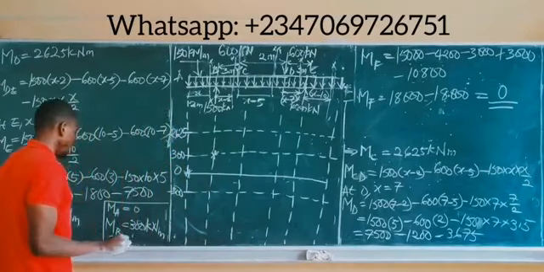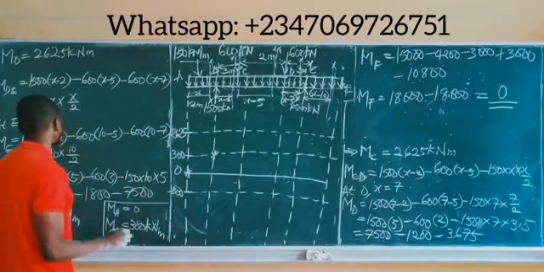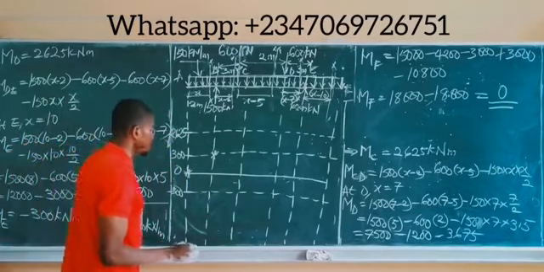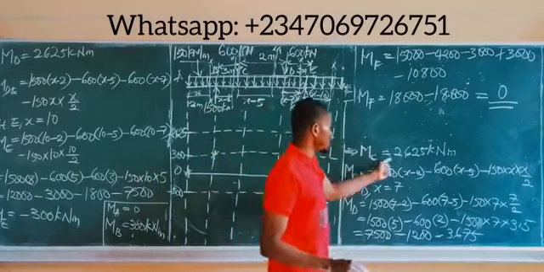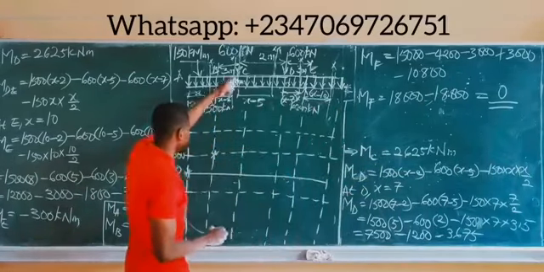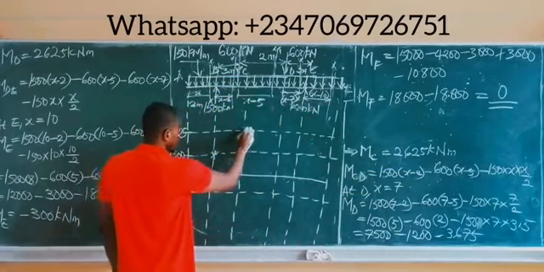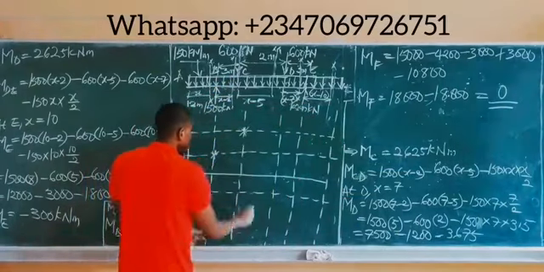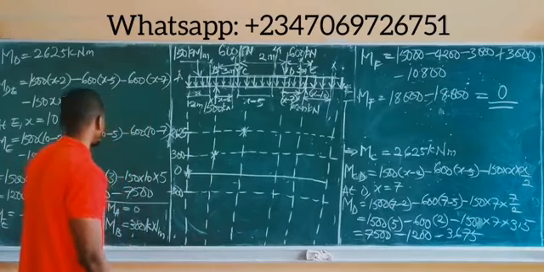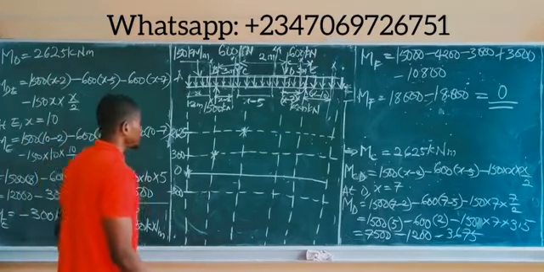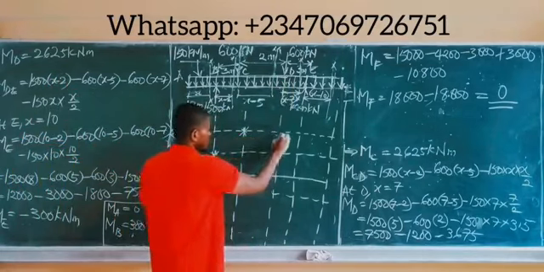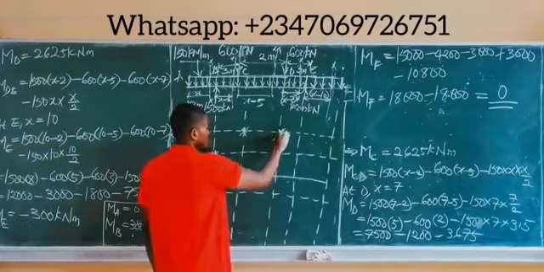Moment at C gives us 2625. This is line C, this is 2625, asterisk. Moment at D also gives us 2625. This is line D, this is 2625, simply asterisk.